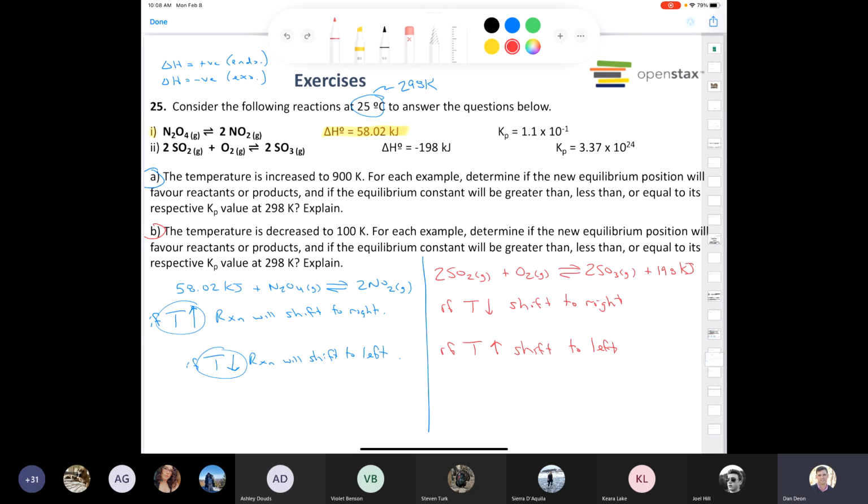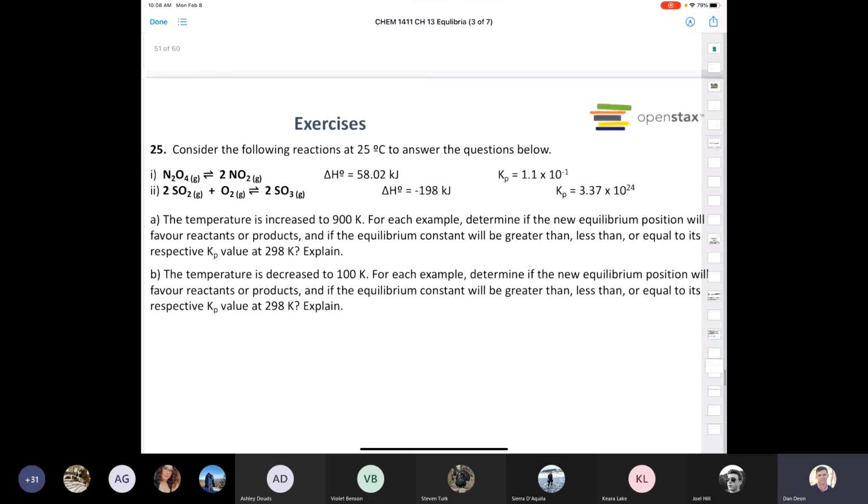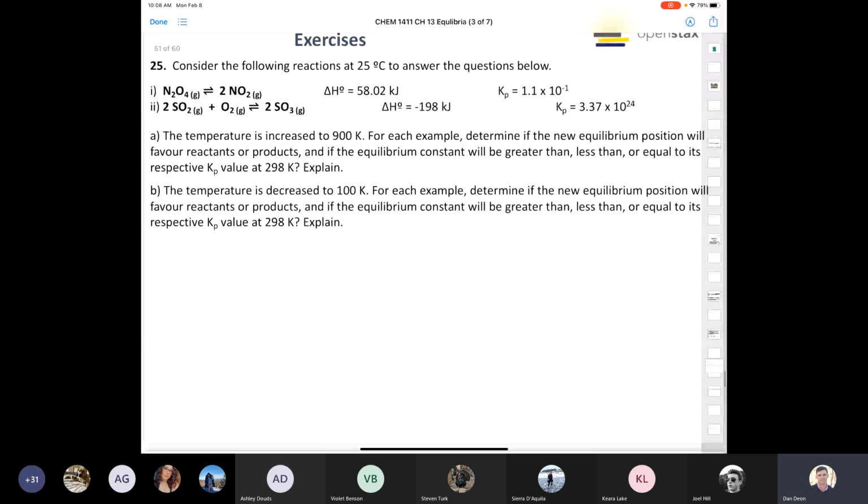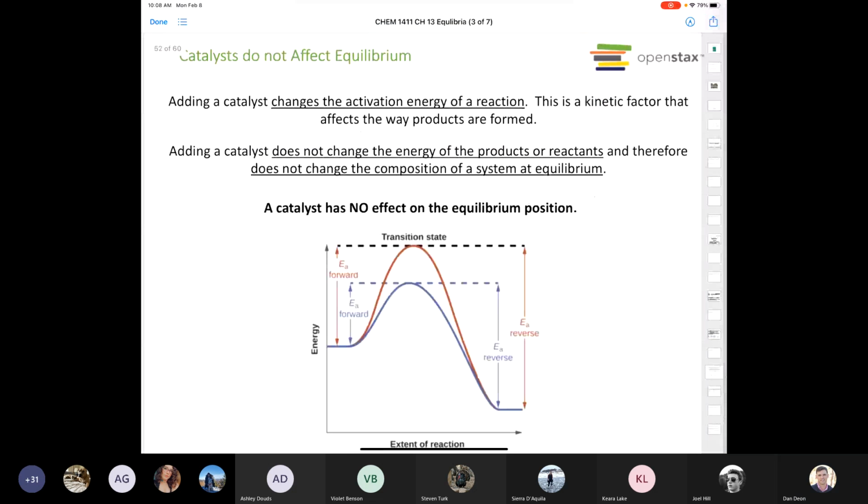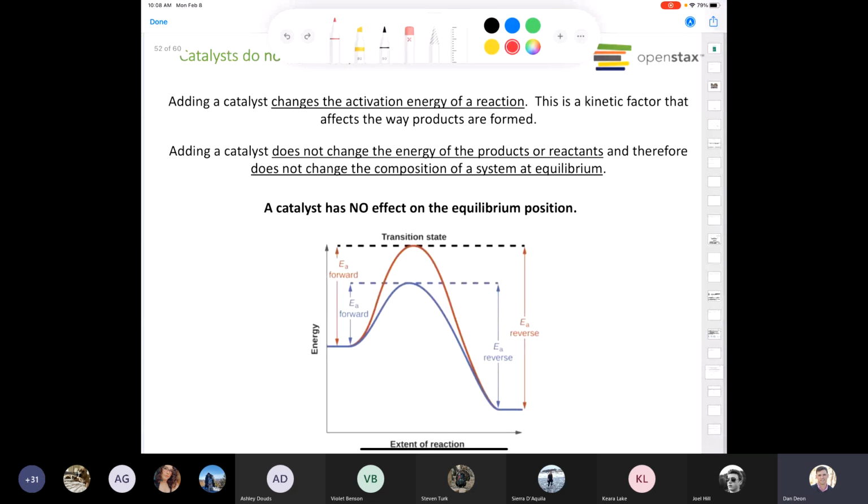Okay, let's see here. And the last thing we're going to look at is catalysts. Now we talked about catalysts in chapter 12, in the chapter that deals with reaction rates, for a while, right?